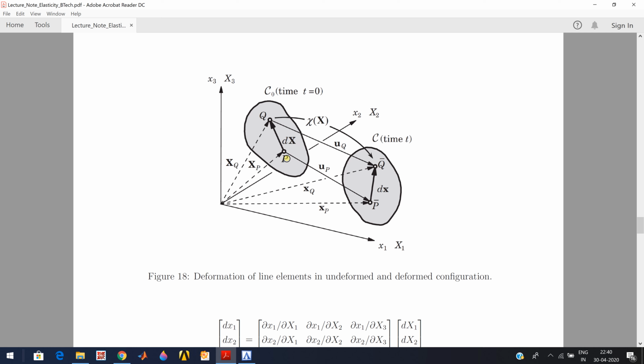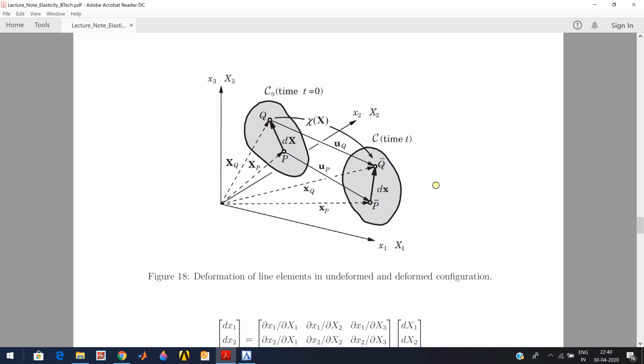This is a vector going from P to Q. After deformation, the point P will take some position, which is P bar or P prime sometimes we call, and Q also will take some position in the current configuration, which is denoted by Q bar or Q prime.